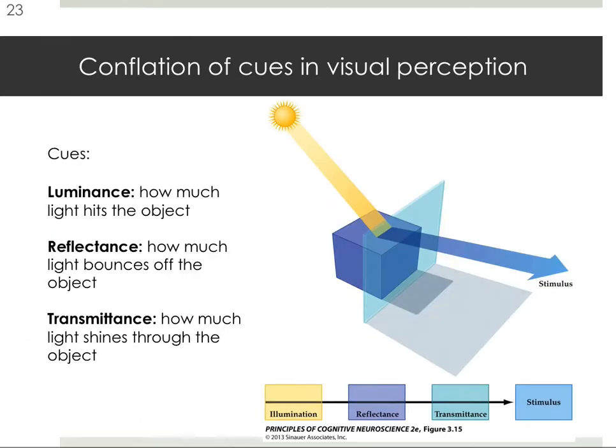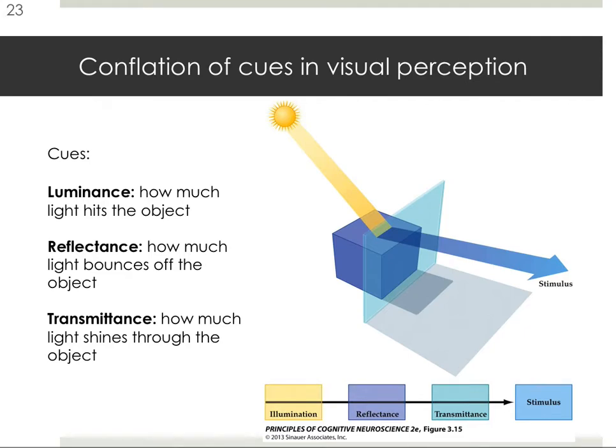Okay, so what else does our visual system use in deriving a visual experience from visual stimuli? There are a few clues you can use. One piece of information is luminance, which is how much light hits the object. Another is reflectance, which is how much light bounces off the object. A third is transmittance, which is how much light shines through the object.